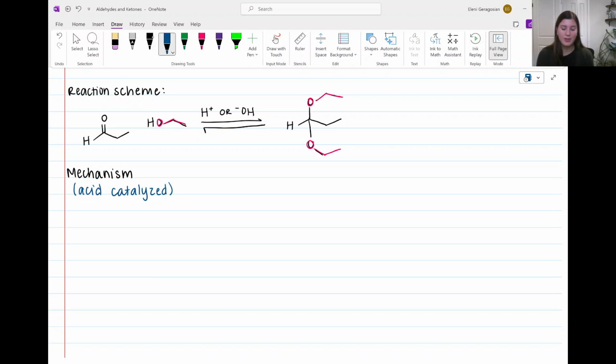If we have ethanol in an acidic environment, just like the previous video, ethanol will be protonated from the acid present. Now, both of these molecules, neutral alcohol and protonated alcohol, are present when we have the acid catalyzed reaction.